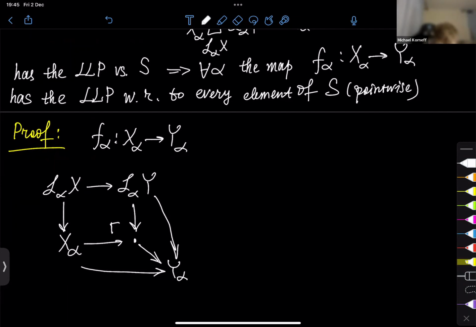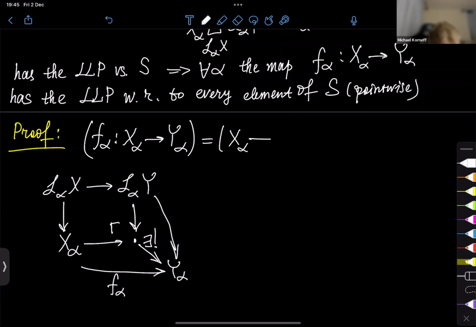And here, these maps are just F alpha, and this one is just a relative latching map. Okay, and we have a unique map here, and thus F alpha can be decomposed in the following manner.